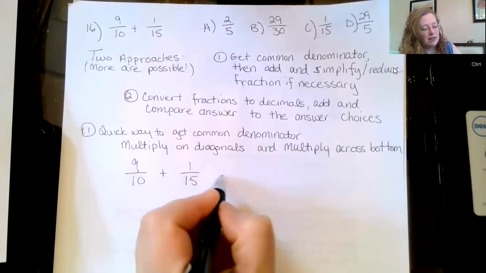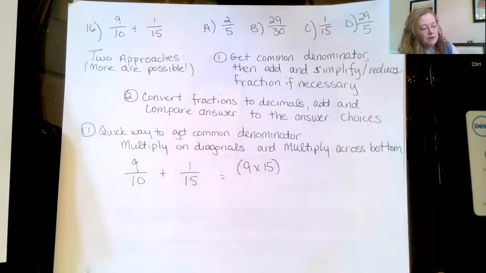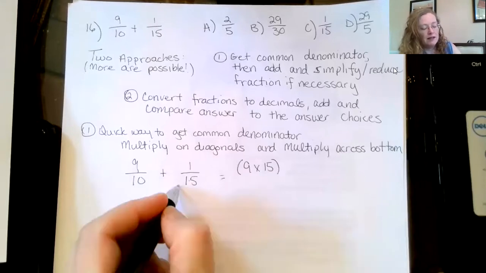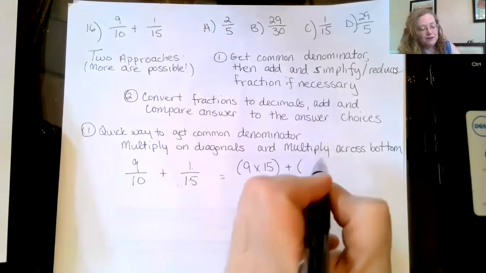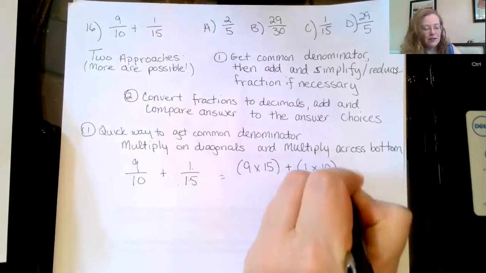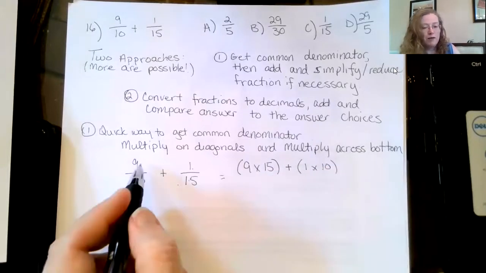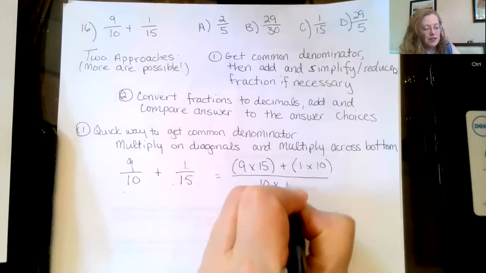We can make this into 9 times 15, plus 1 times 10, and then we're going to keep that over 10 times 15.